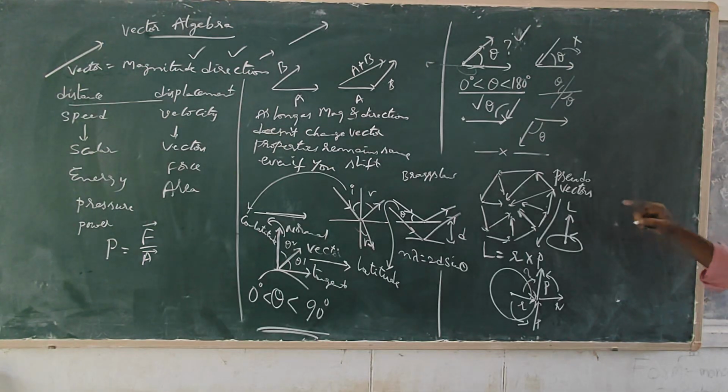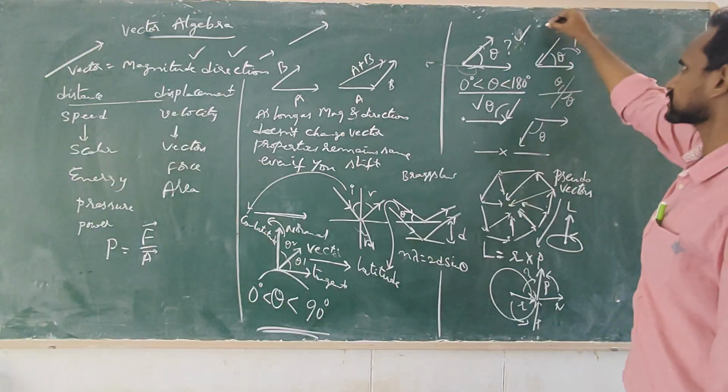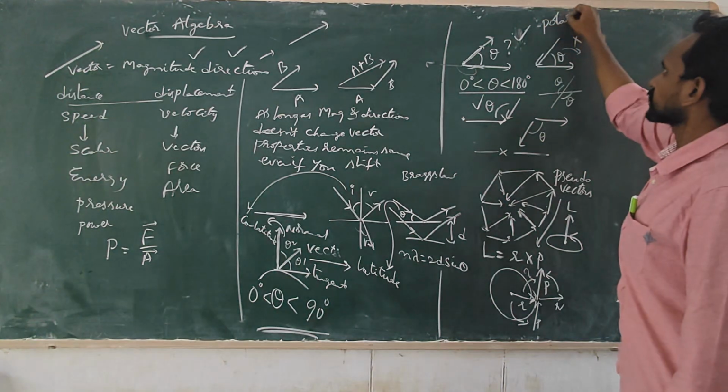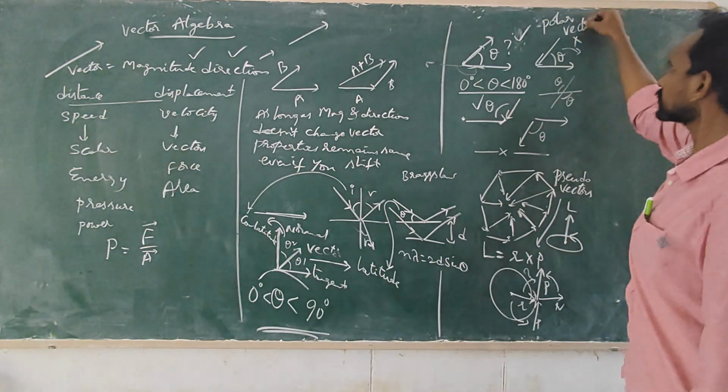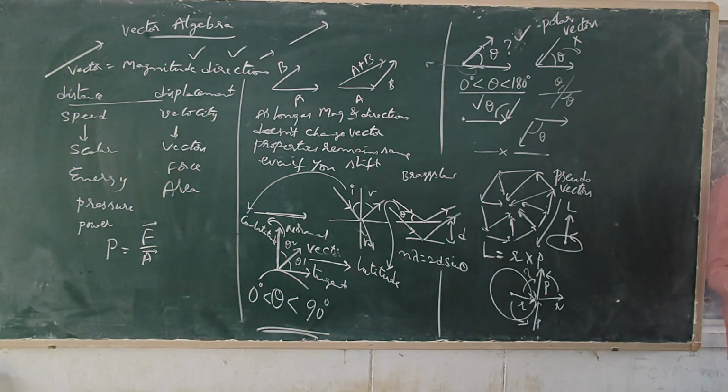Okay, so they are called pseudo vectors, and all the other vectors like force, displacement, velocity, they are called polar vectors because the direction of the vector represents the direction of the activity. So it is pointing towards a pole, it is representing a direction.